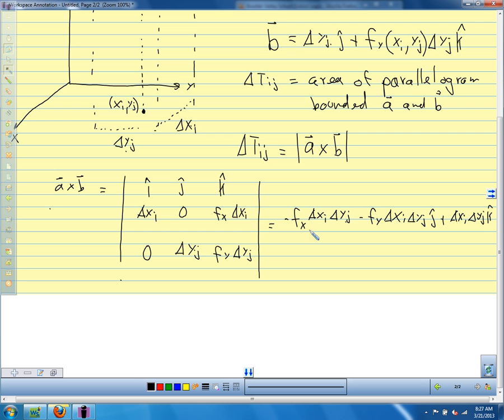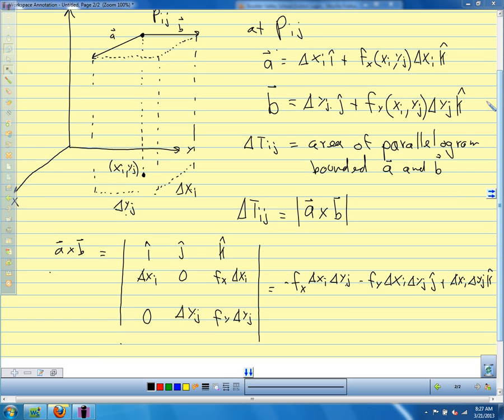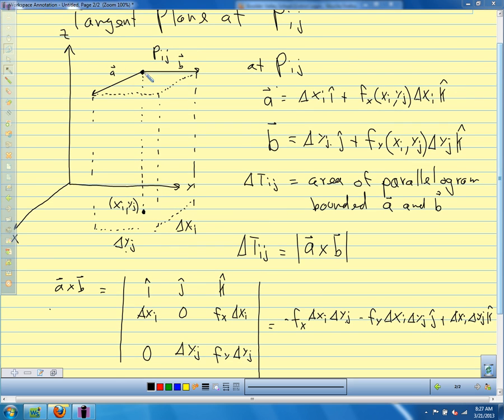If we think of this vector as a line, the amount that it increases is like the equation of a line, y equals mx.